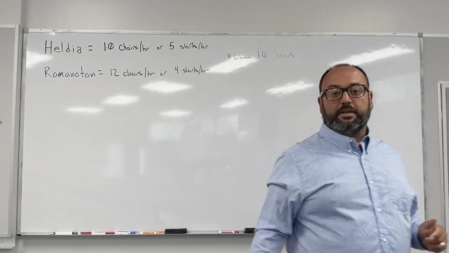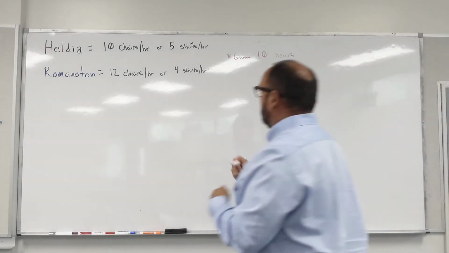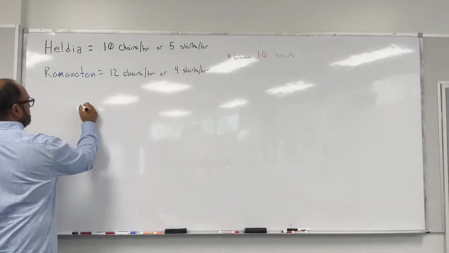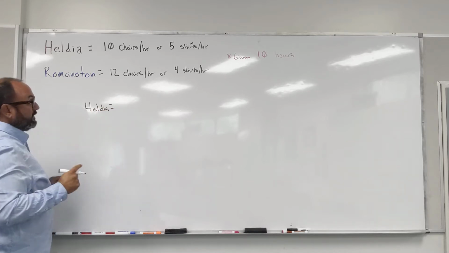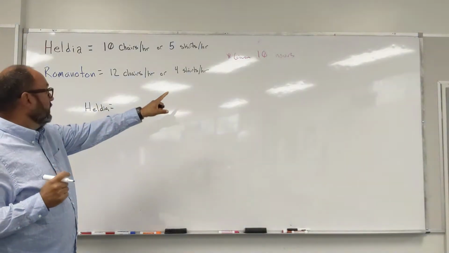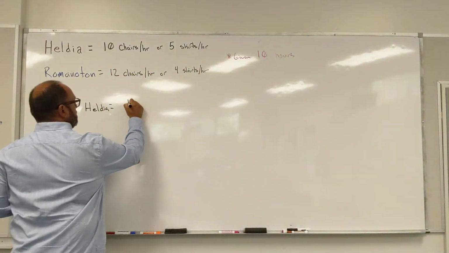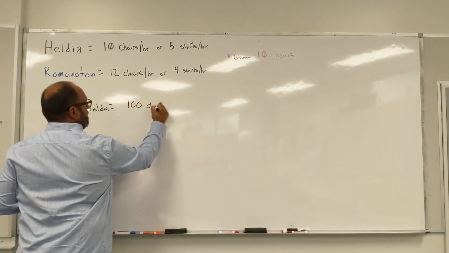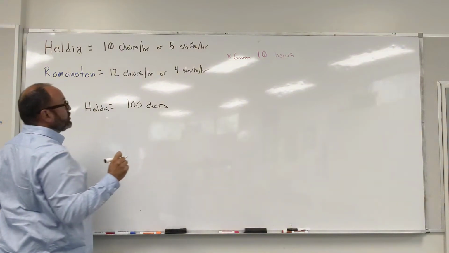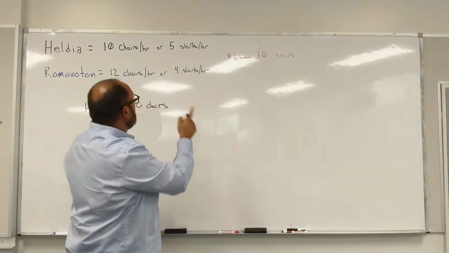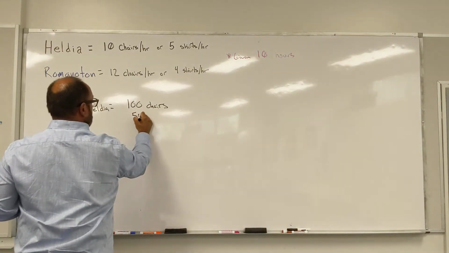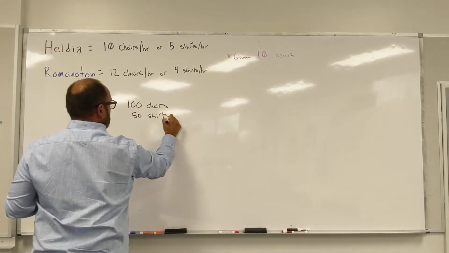Let's figure out what that means for each of them. For Heldia, if they have 10 hours to work with, they can produce 100 chairs max, 10 chairs per hour times 10 hours, or 50 shirts.